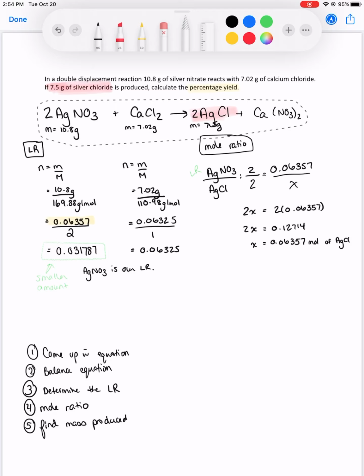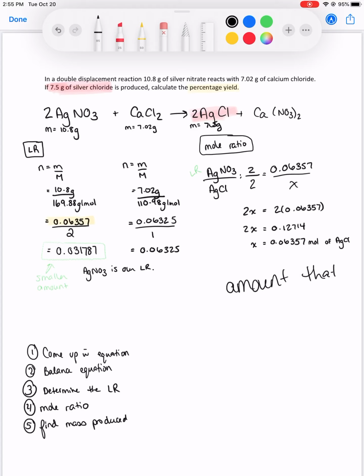Or sorry, I just lied to you. We're going to figure out how much should have been formed. So what I'm about to find is, if this reaction happened perfectly, this is the mass of silver chloride we should have got.